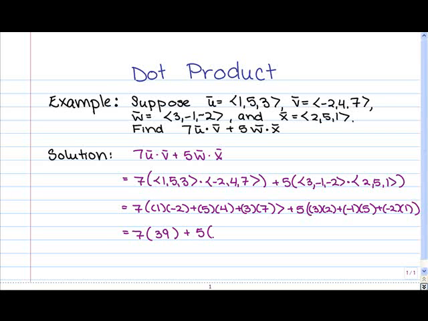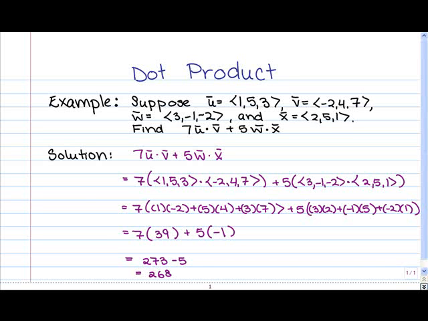Plus 5 times 3 times 2 is 6, 5 times -1 is -5, and -2 times 1 is -2. So we get 6 minus 5, which is 1, minus 2, which is -1. So now we just have to go ahead and work this out. So this is 273 minus 5, which works out to be 268.